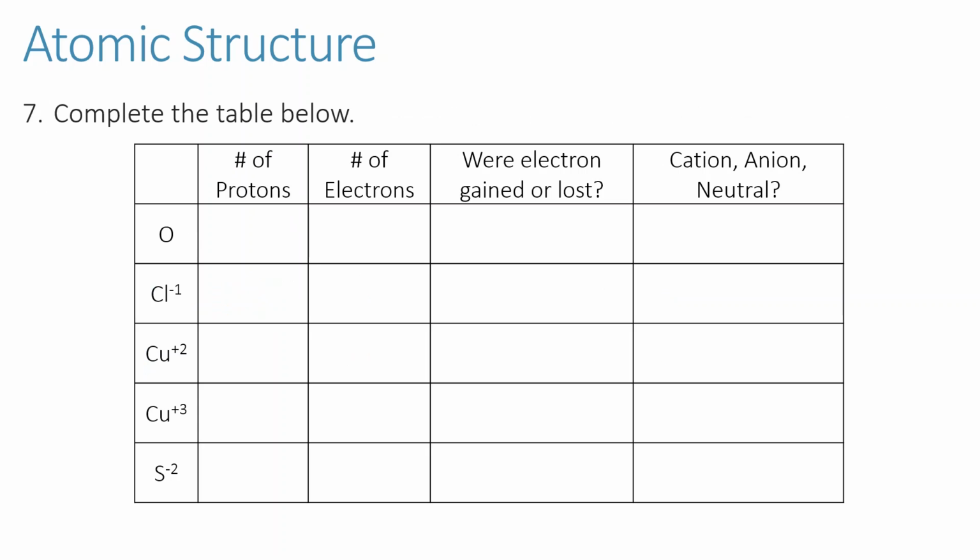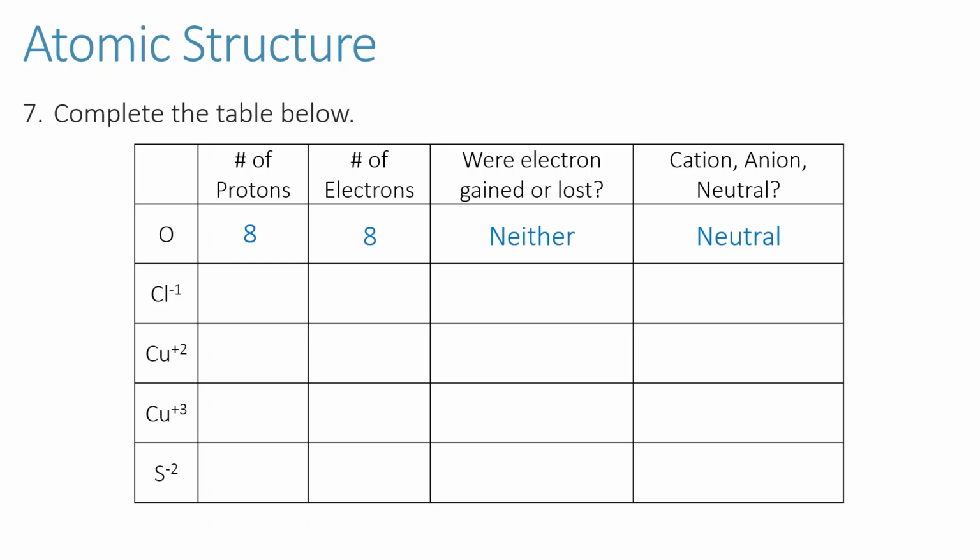So let's start looking at question 7 here. This is where you're going to want a periodic table. O is oxygen. Oxygen always has 8 protons. When we look at this particular oxygen, there's no charge given, so we can assume that the number of protons and electrons are the same, and we have a neutral atom here.